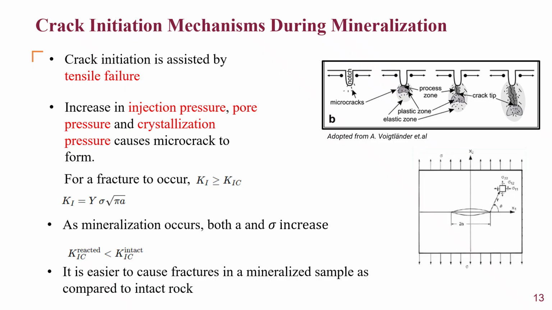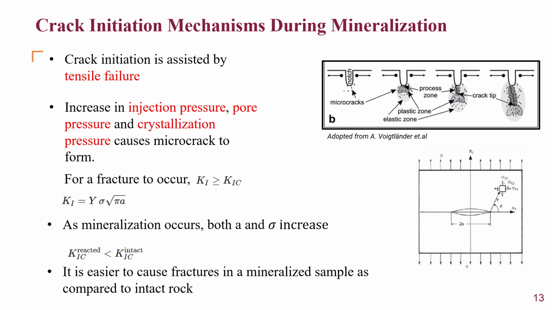So, as I've already mentioned, as CO2 mineralization is going on and these secondary phases are being formed, they can form in the microcracks, in the voids on the mineral surfaces, the grains.